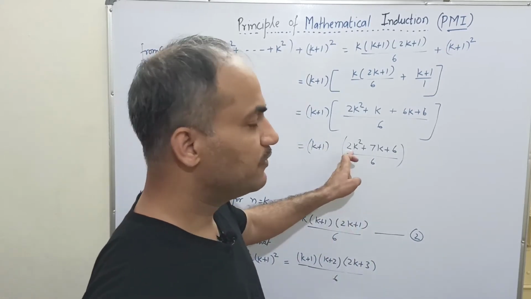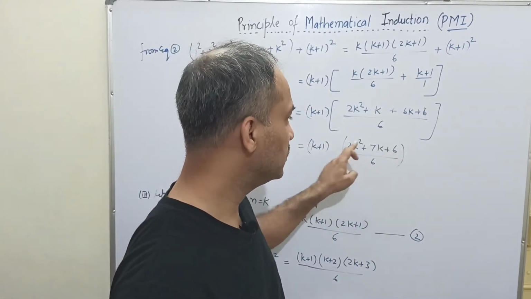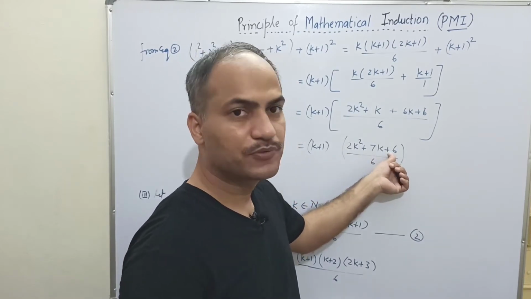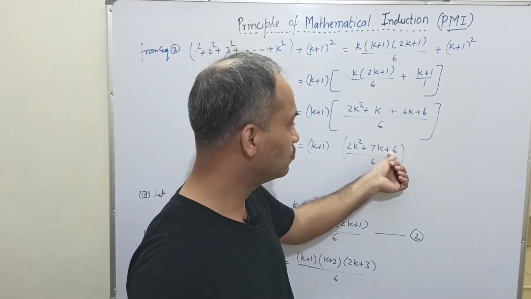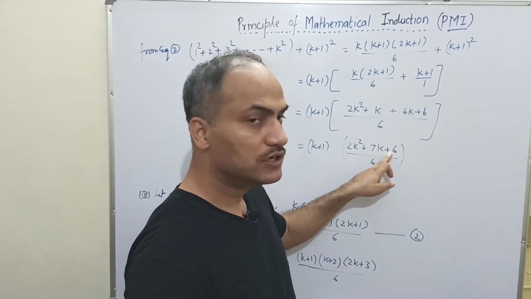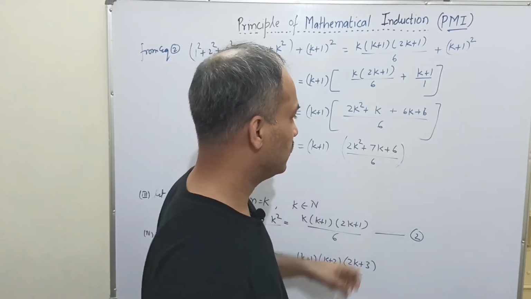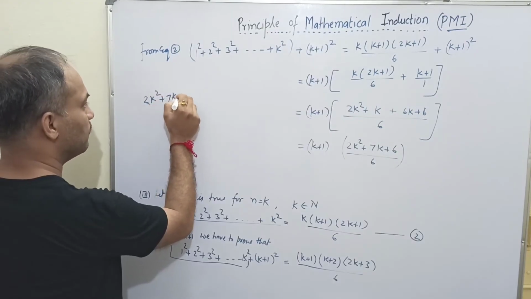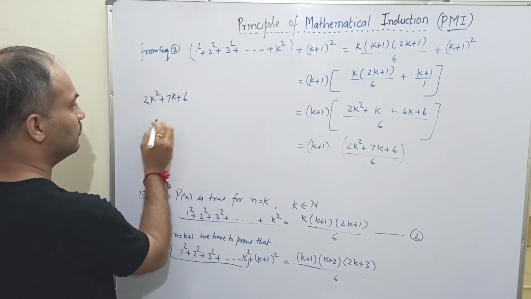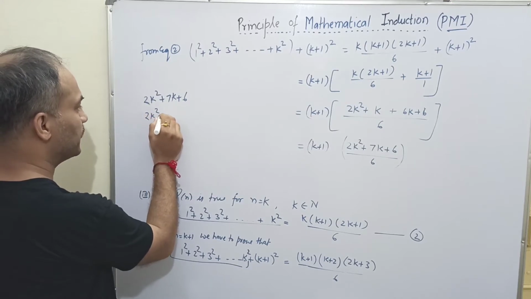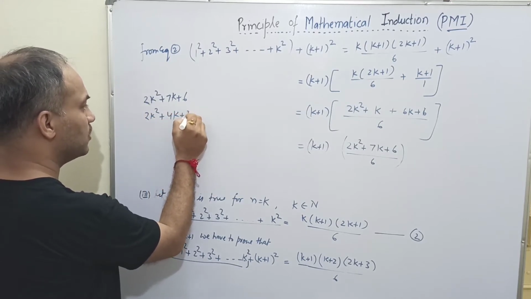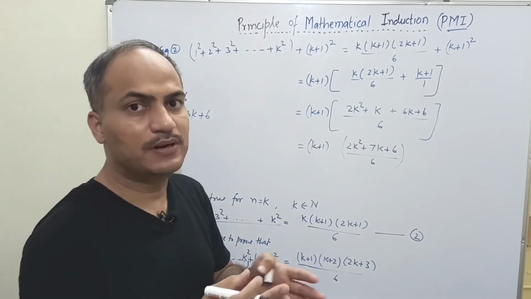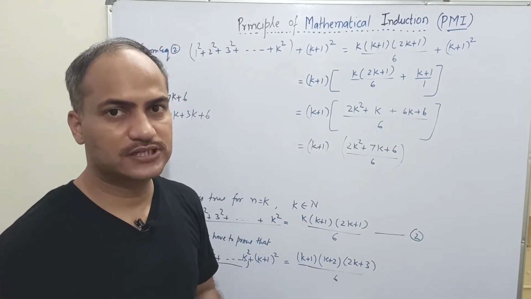Fine. So can we factorize this? 6 into 2 becomes 12. 12 has factors 4 and 3. 4 into 3 becomes 12 and 4 plus 3 also becomes 7. So this term 2k square plus 7k plus 6 can be factorized as 2k square plus 4k plus 3k plus 6. This is just the splitting middle term method which we discussed in class 10th.